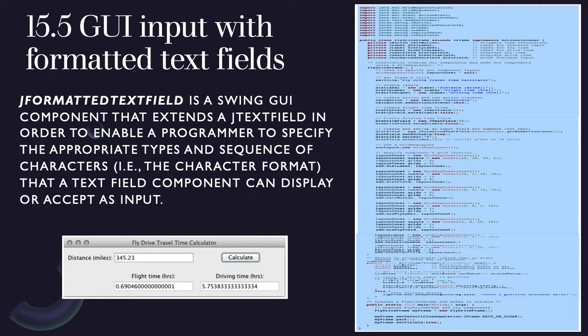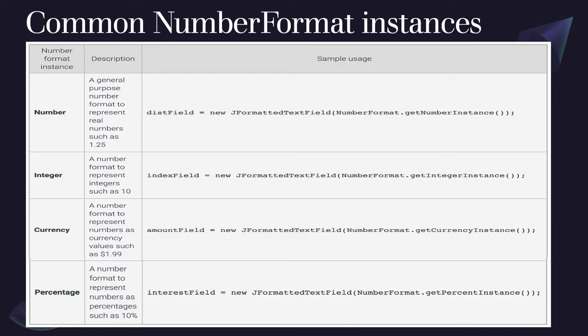The example reports the time required to travel a user-specified distance in miles, based on the mode of transport. Some of the common instances we have are number, integer, currency, and percentage.